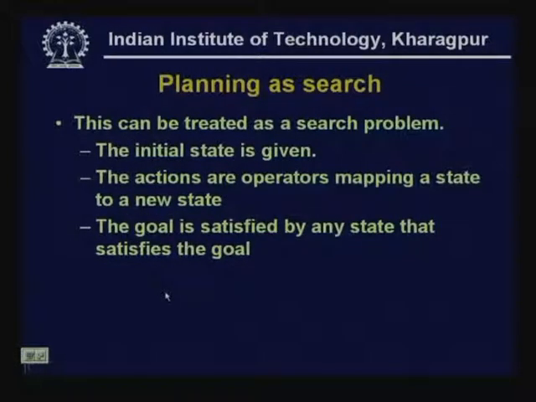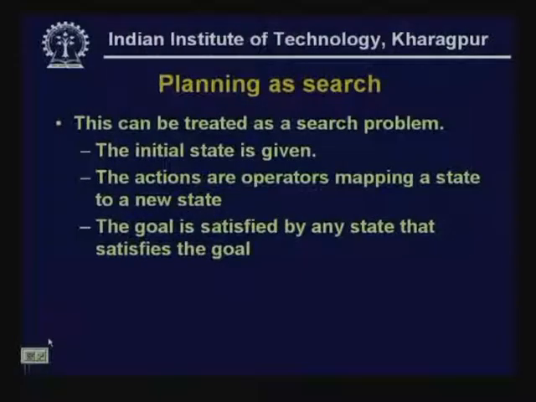We can look upon this as a search problem where the initial state is known to us. The actions are the possible operators that map a state to other states. So, we can have a state space graph and the goal is satisfied by any state that satisfies the goal.